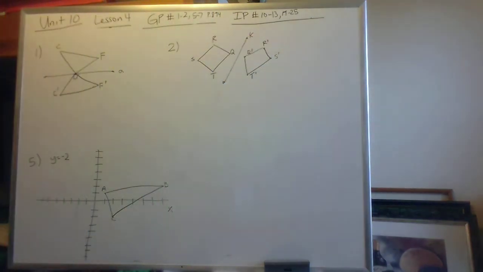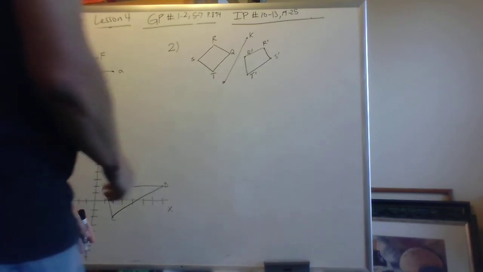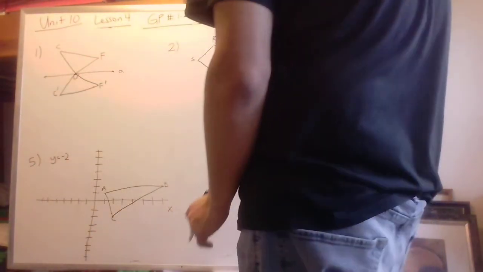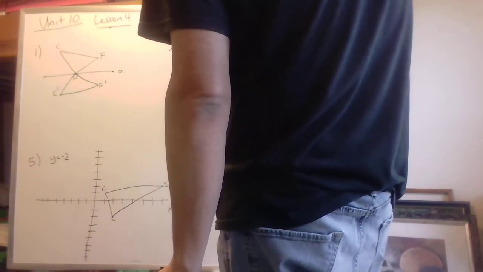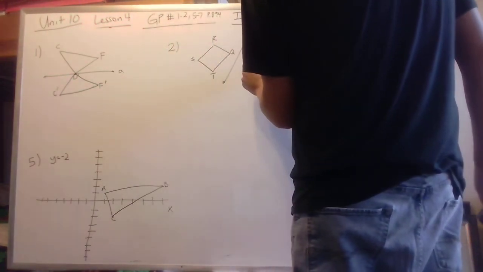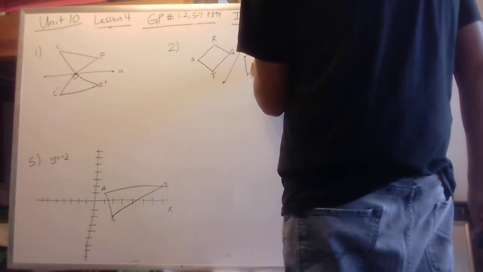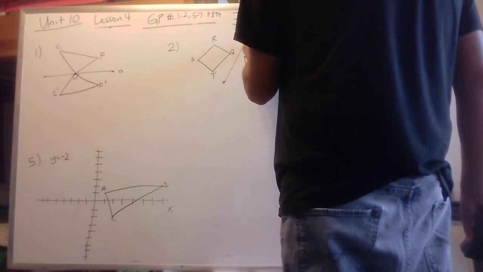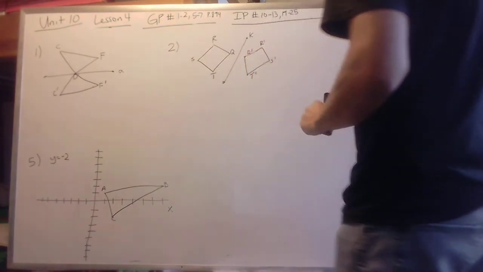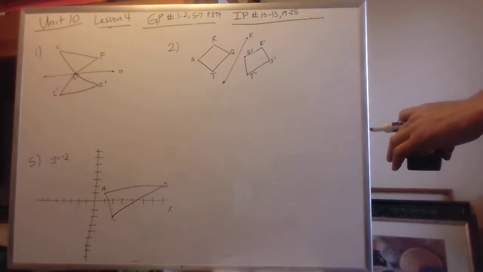And I know that the drawing is not as accurate. Let me fix this because it looks a little off. So S prime would be about right here. And then I'm going to put R prime right here, and then it goes like that. And that's pretty much it.